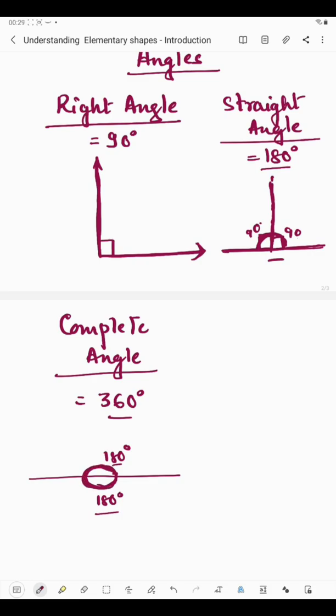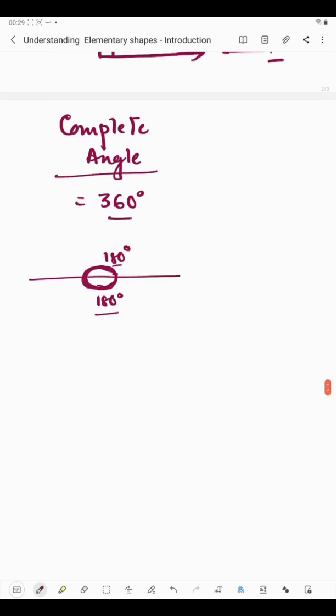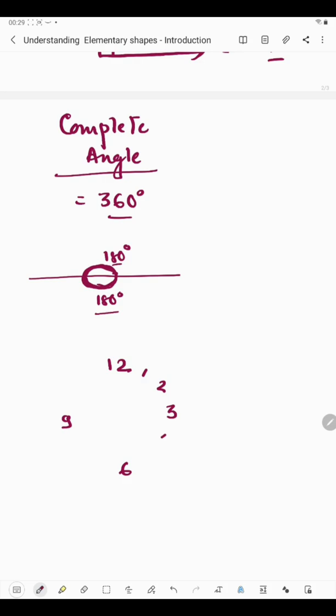Okay, now let's discuss the angle with the help of a clock. Suppose this is 12 and opposite of 12 is 6, this is 3 and opposite of 3 is 9. So it's 1, 2, 4, 5, 7, 8, 10, 11.